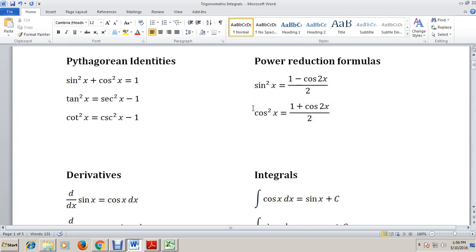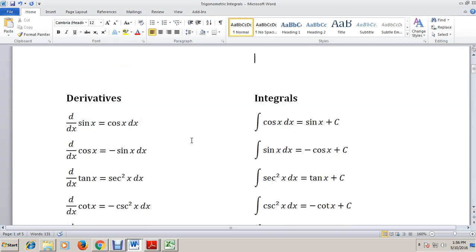Okay, so also for cosine, we could either solve for cosine square x from the Pythagorean identity formula, or we can simply make use of the form of cosine square x in the form of 1 plus cosine 2x over 2, making use of the double angle formula. Okay, so we call this set the power reduction formulas. We call this set the Pythagorean identities.